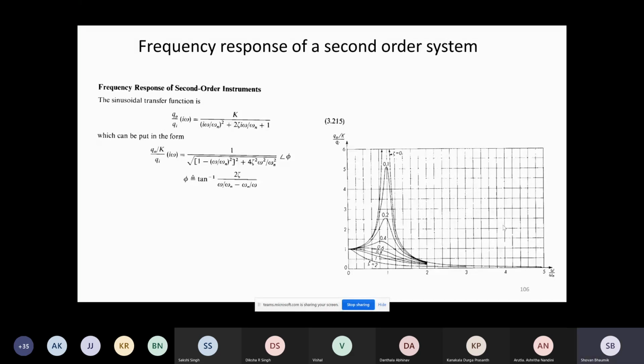and you can calculate the gain from the next equation, which is 1 by the root of (1 minus (omega by omega n) squared) whole squared plus 4 zeta squared omega squared by omega n squared. Here you know the value of zeta, you know omega, say 0.01, you put it in, you know omega n, and from there you get some value and then you take 20 log of that.